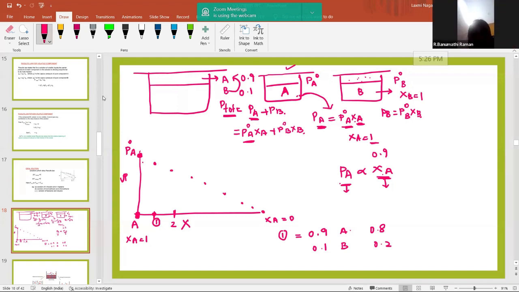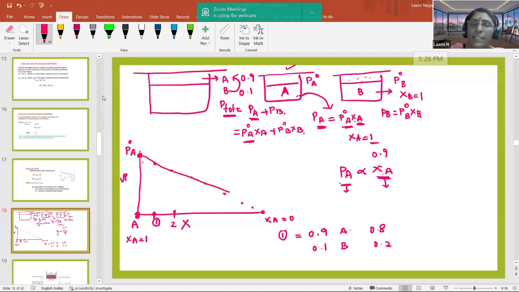Obviously no A, so no contribution of pressure. Hence it meets the x-axis. Now you connect the points and get a straight line. So this is for component A, how it reacted in the presence of more and more of component B.